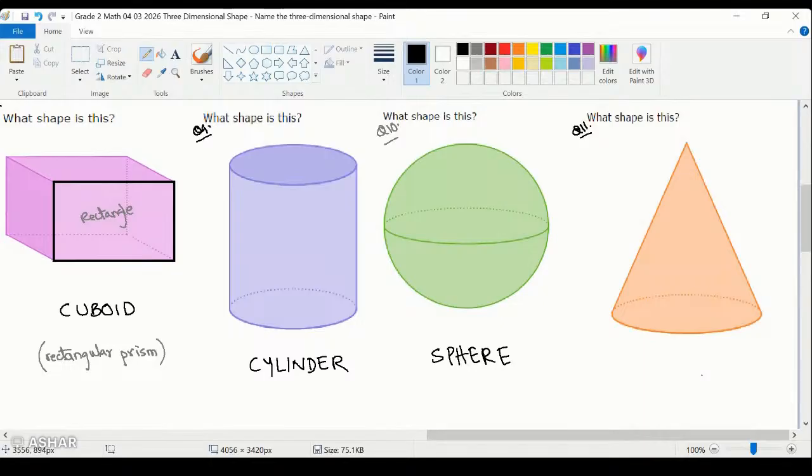Question number 11. What is the shape in question number 11? Can I have the answer from you? Perfect. Thank you, May. Thank you, Michael. We call it a cone. And it is easy to remember through an ice cream cone, right?